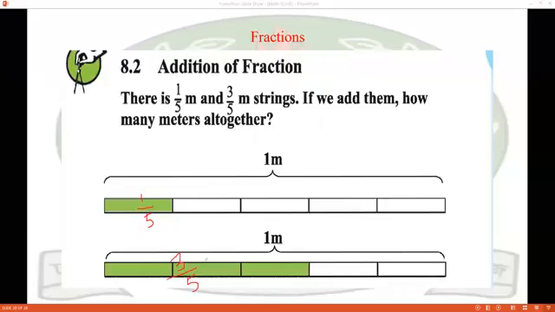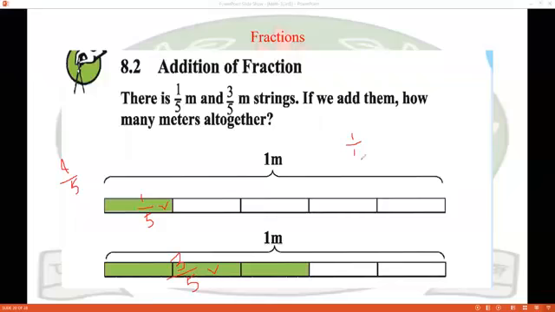So we physically see that this is 1 part of 5 and that is 3 parts of 5. So it will be 4 parts of 5. This is the physical way, but we can find it by the simple addition process.